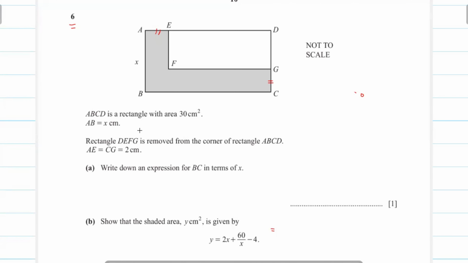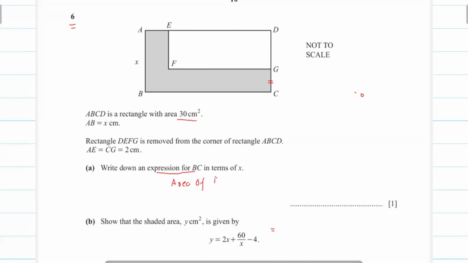Question number 6, ABCD is a rectangle with area 30 centimeter square, AB length is x centimeter, and rectangle DEFG is removed from corner of rectangle ABCD, AE equal to CG equal to 2 centimeter. Write down an expression for BC in terms of x. Now you see here the area of rectangle is 30.